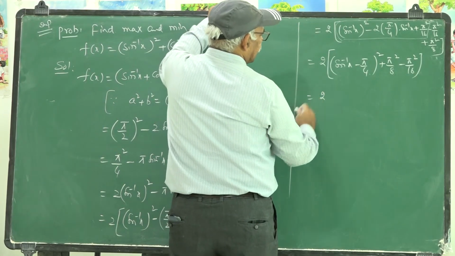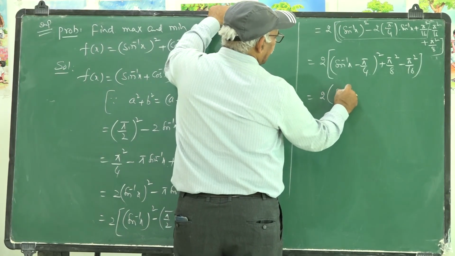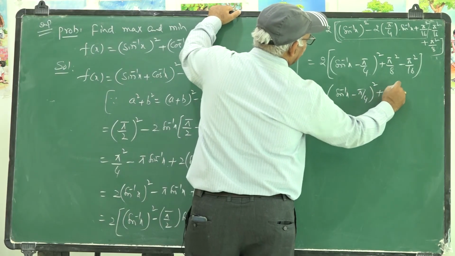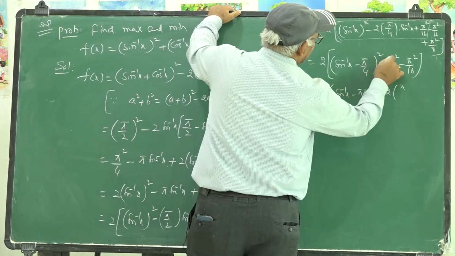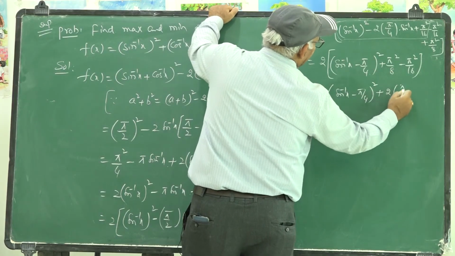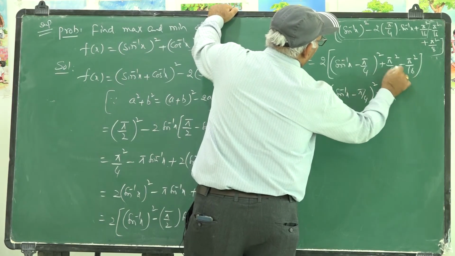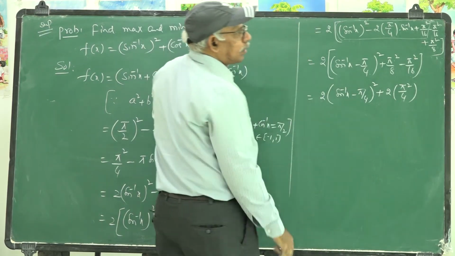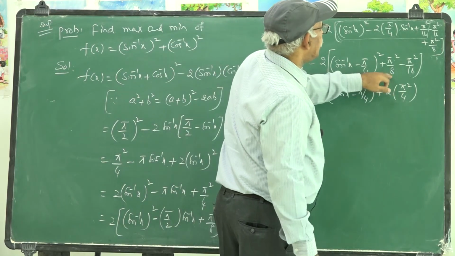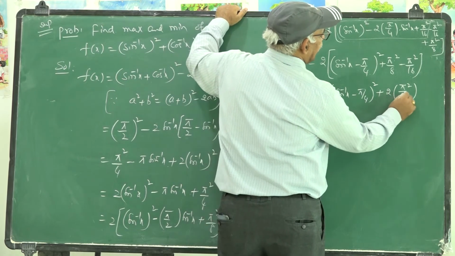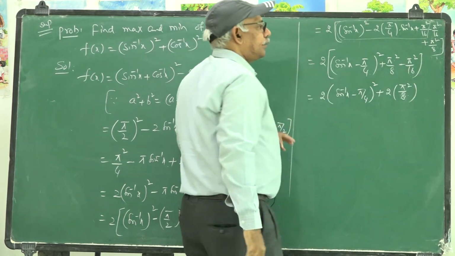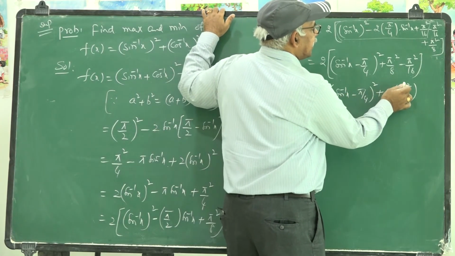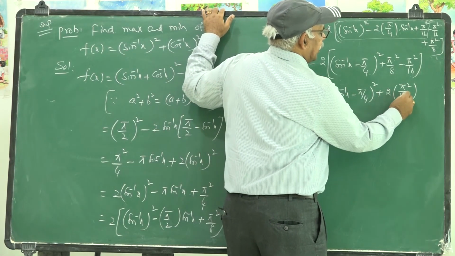So that gives us 2 into (sin inverse x minus pi by 4) whole square plus twice that of this, which is 2 pi square by 8. So 2 pi square by 8 means pi square by 4. Pi square by 16 is our LCM, so this is 8. 2 pi square minus pi square, is pi square by 16.